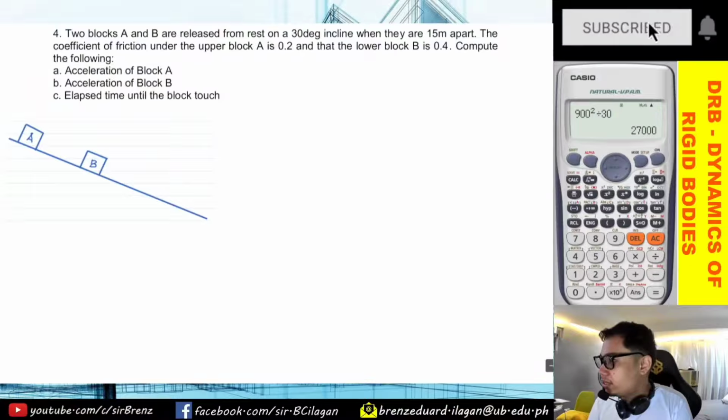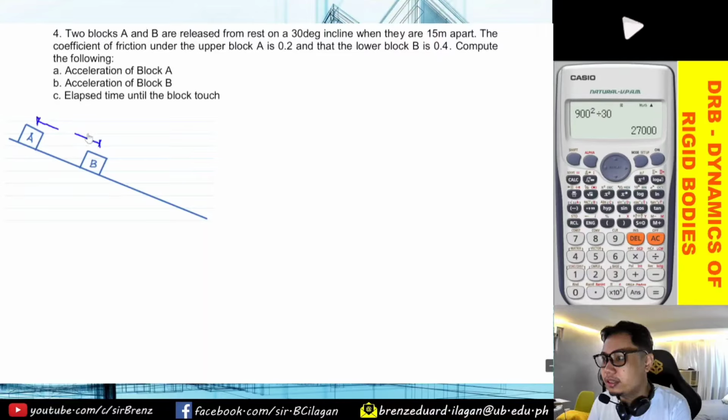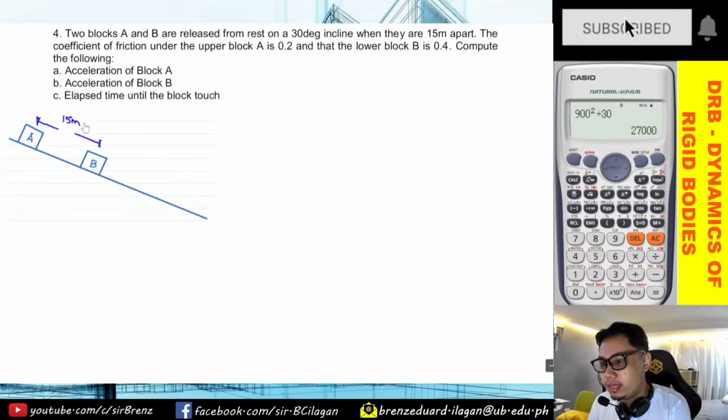Okay, so the story here, guys, is that block A and block B have a gap between each other. Their distance is 15 meters. The inclination of the inclined surface is given as 30 degrees.